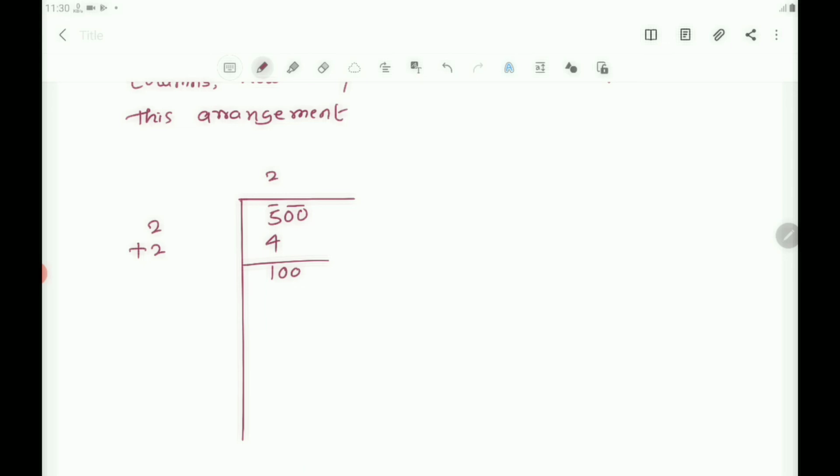Here you double it. 2 plus 2 is 4. Then you have to get the number nearest to 100 by taking some digit in front of 4 and multiplying that number by the same digit. So you know that 41 ones are 41, then 42 twos are 84, 43 threes are 129. It becomes more.